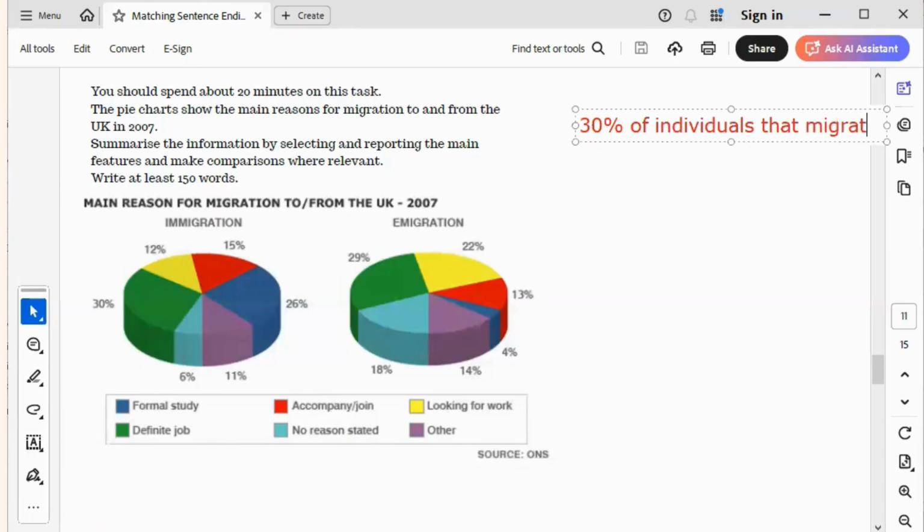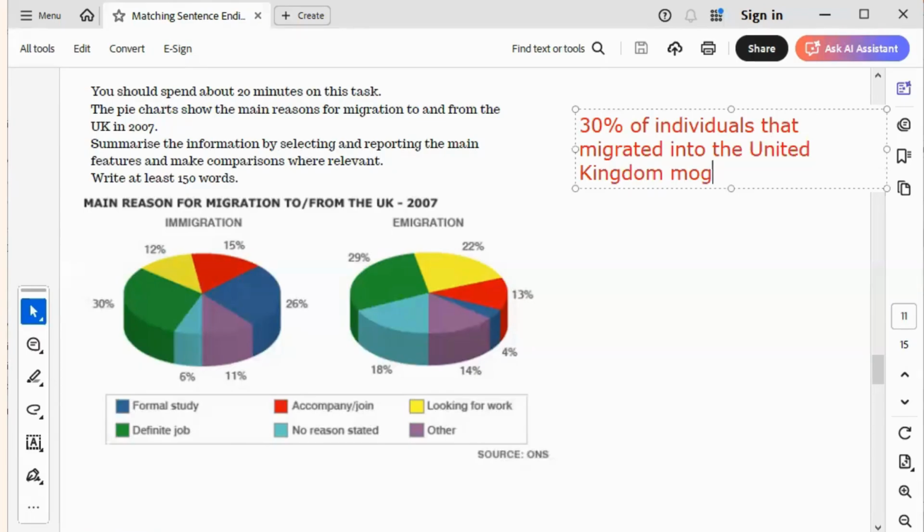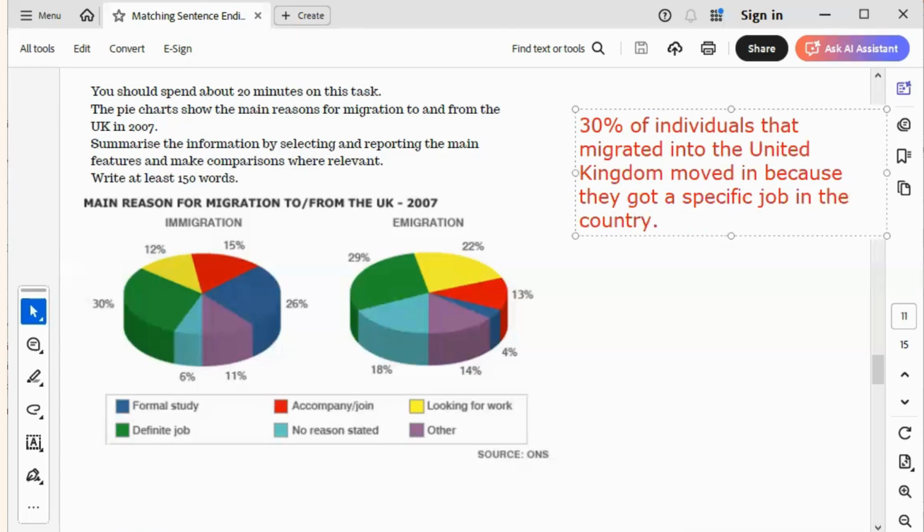Migrated into the United Kingdom, moved in. I don't want to say migrated. I will say moved in because they got a definite, or we can say specific job in the country. They moved in because they got a specific job in the country.